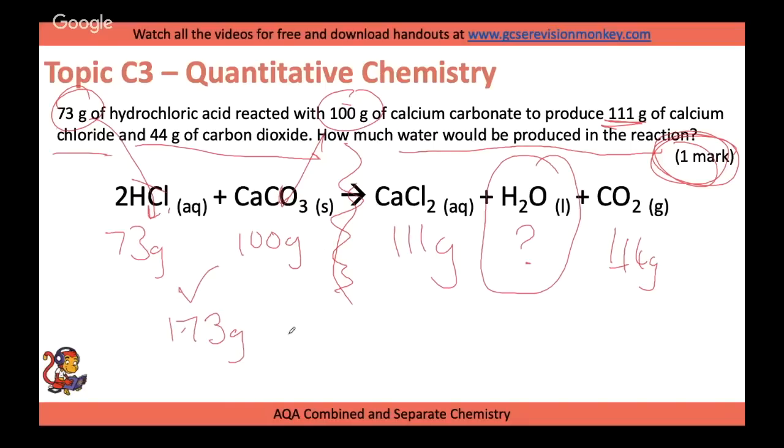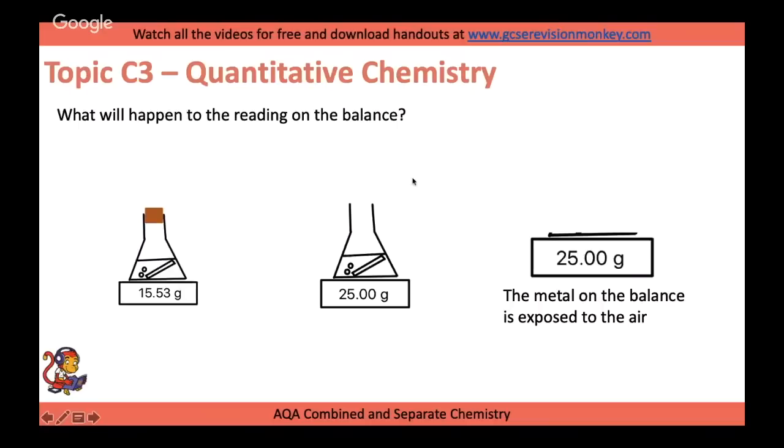So if you do 173, take away these two, you should get your answer. Take away 111, take away 44, will give you 18 grams. So just 1 mark, a simple calculation for foundation that they make look very difficult. In terms of conservation of mass, the mass before must equal the mass after in a reaction. And that'll be true if you've got a closed system.